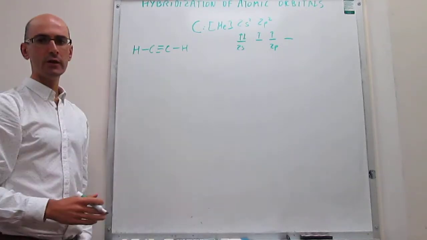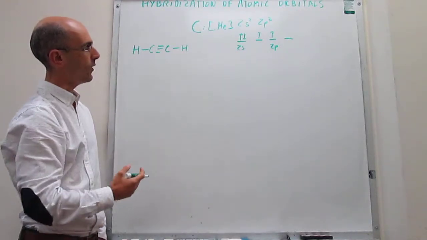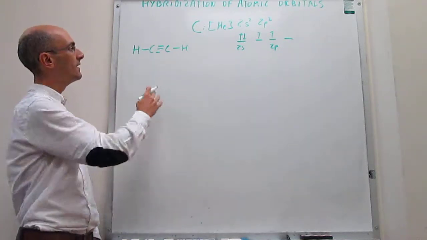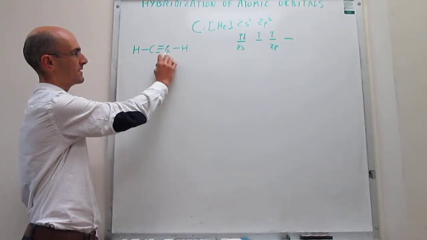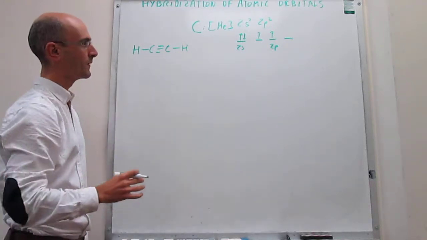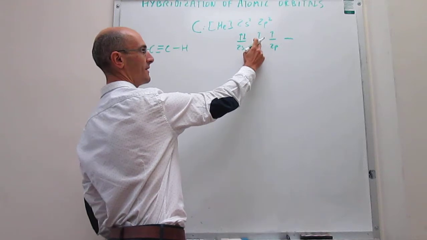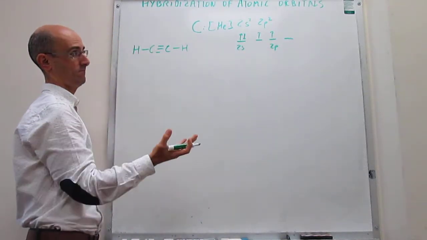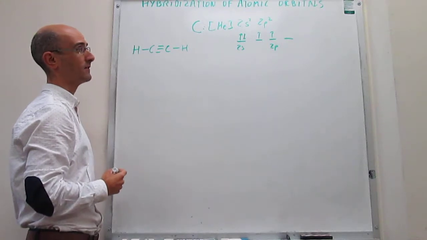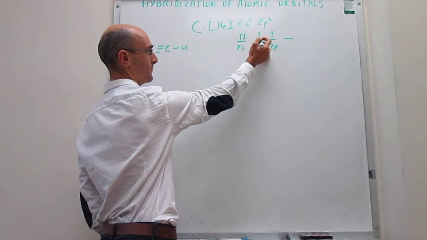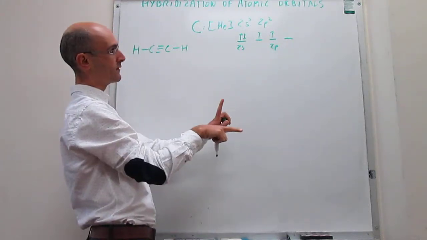And again, our goal here is to look at the orbitals of the carbon atoms and see how we can reconcile what we know about this molecule, the fact that it's linear and has this sort of bonding structure. Much as before, notice that the natural atomic orbitals fail to completely describe this because we expect to find two bonds, but they should be 90 degrees away from each other.